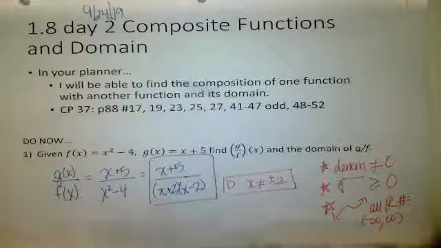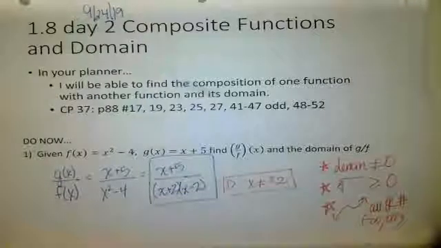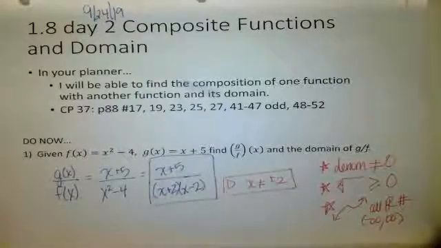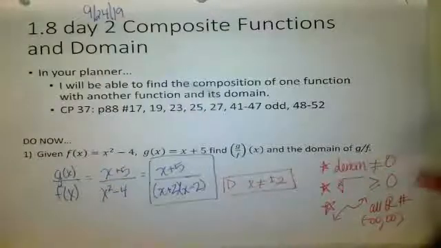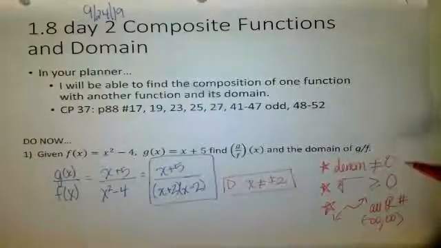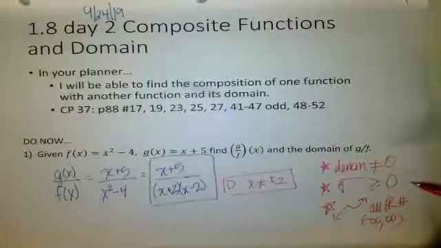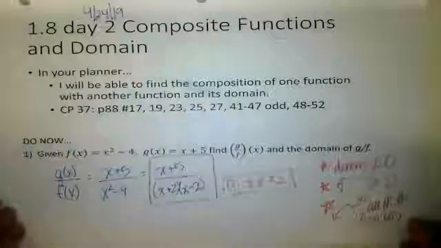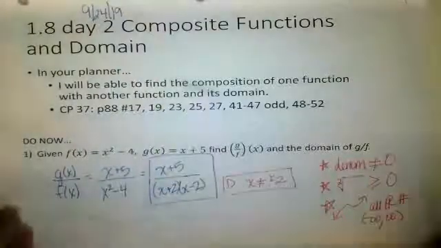But usually, most of the time, the domain is all real numbers. There's a lot more things we have to look out for in terms of domain. These are just the first two, okay? So we'll learn a lot more. So boring.